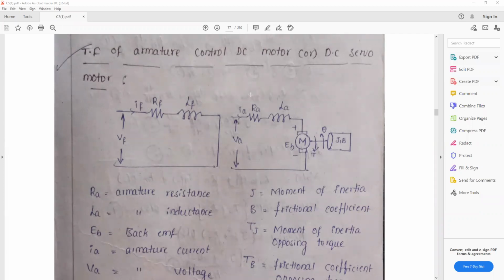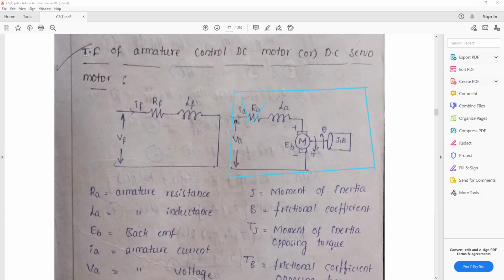So this is the armature resistor, and this is completely armature controlled. This is field controlled.